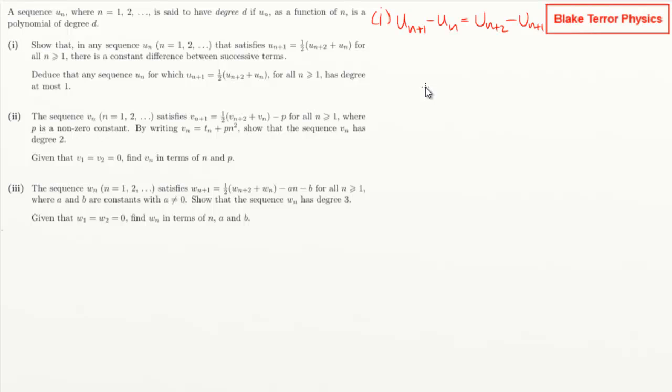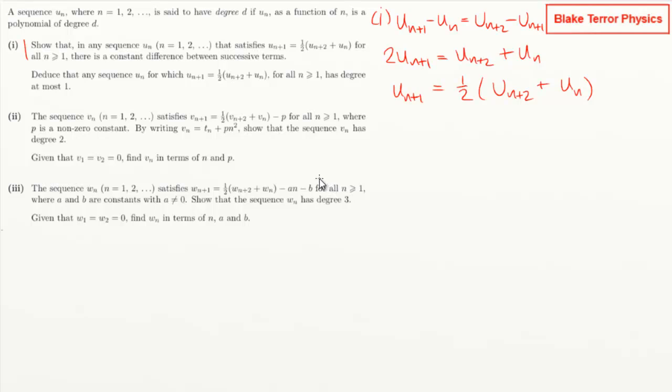So that is successive pairs of terms in the sequence, and they've got a constant difference. So we'd have 2un plus 1 is equal to un plus 2 plus un, which is exactly what I want. So un plus 1 is a half un plus 2 plus un. Right, so that's done that bit.